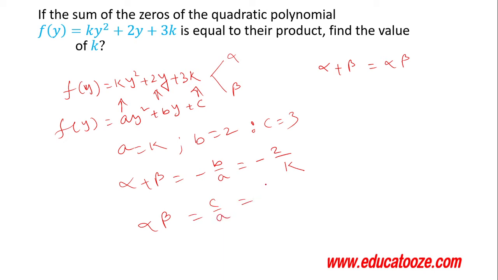The value of a is k. Now we've got the values of alpha plus beta and alpha beta. By the given statement, the sum of zeros of a quadratic polynomial is equal to their product. That means the sum of zeros is minus 2 by k, which is equal to the product.